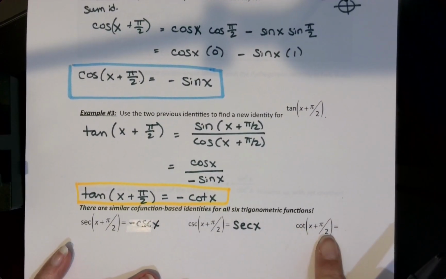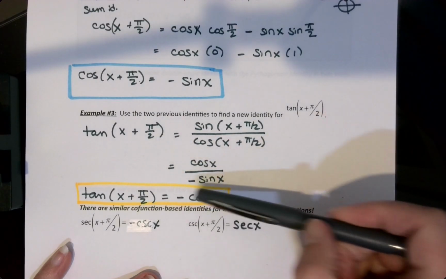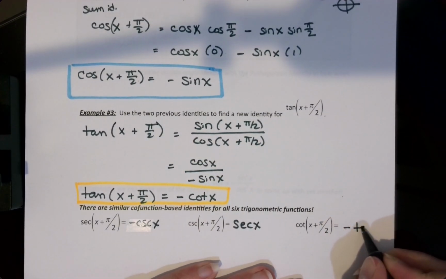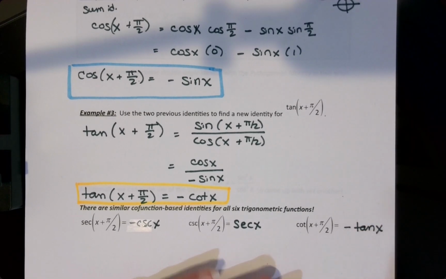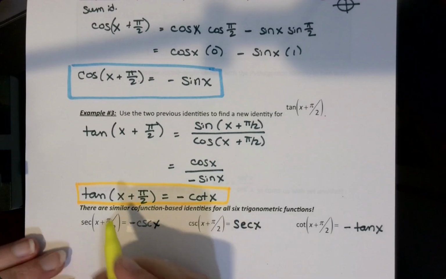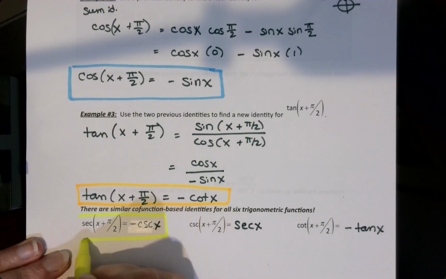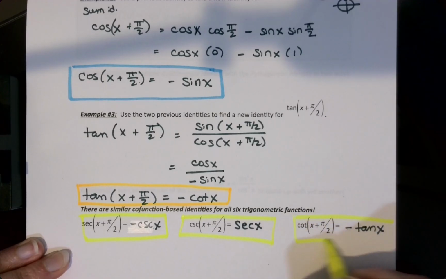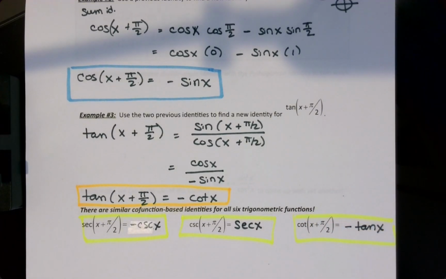And then cotangent, we're going to get the reciprocal over here. So it's going to be negative 1 over cotangent, which is negative tangent. So again, each of those is another similar identity that can be gotten based on taking the reciprocal of both sides of the previous 3 groups of identities.